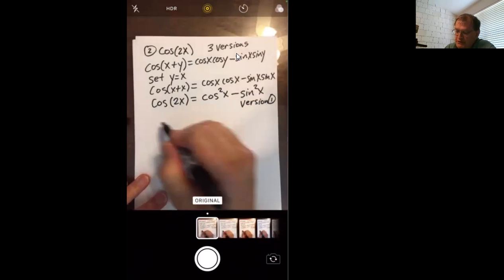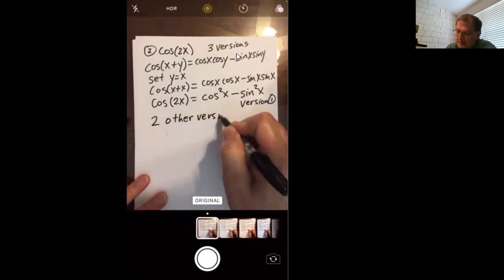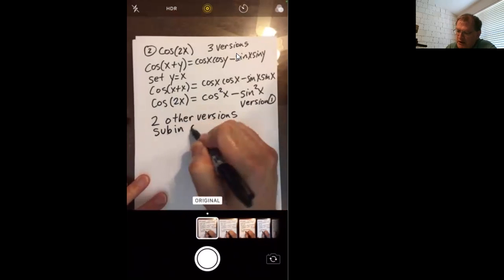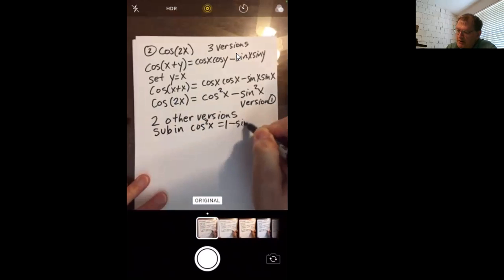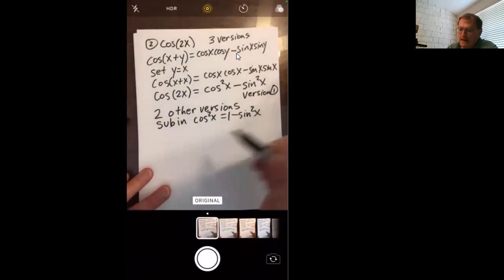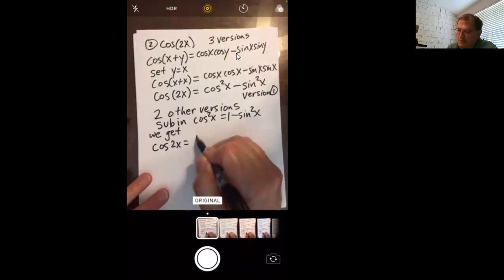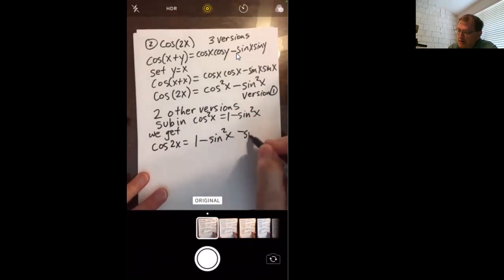There's 2 other versions. Sub in that a cosine squared is equal to 1 minus a sine squared. And we get that a cosine of 2x would be equal to 1 minus a sine squared, subbing this in for the cosine squared, minus sine squared.